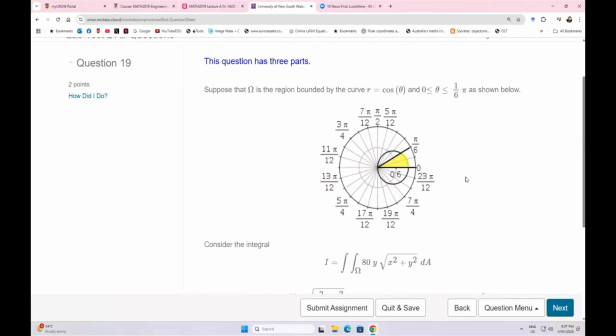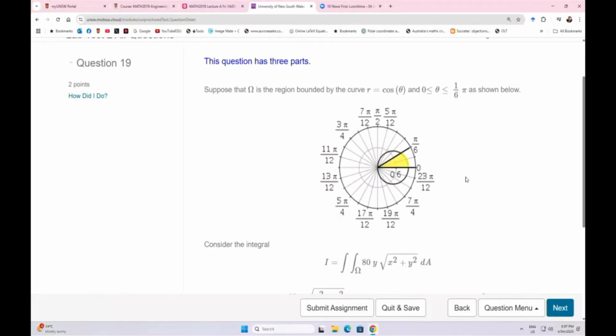Okay, so let's put our polar hats on. What is a correct description of the yellow region in polar coordinates?